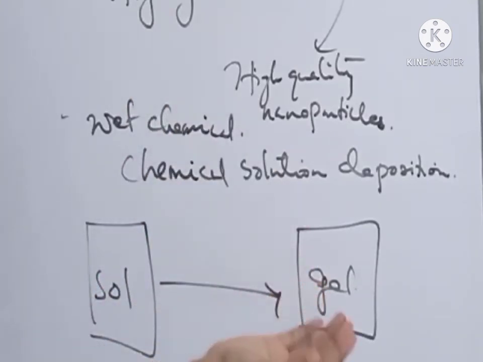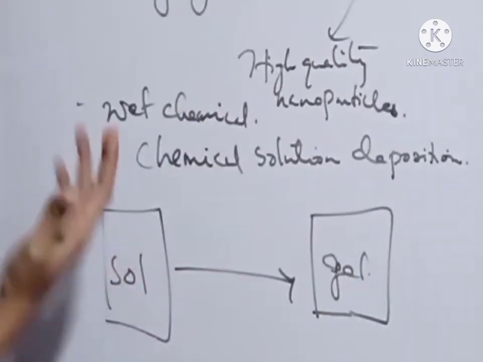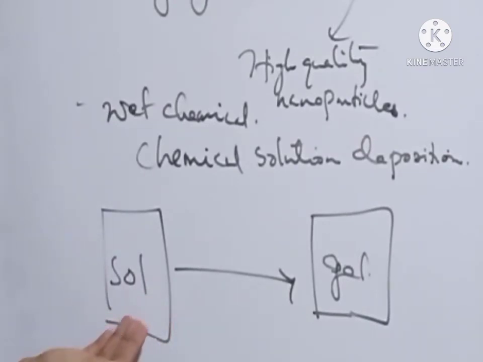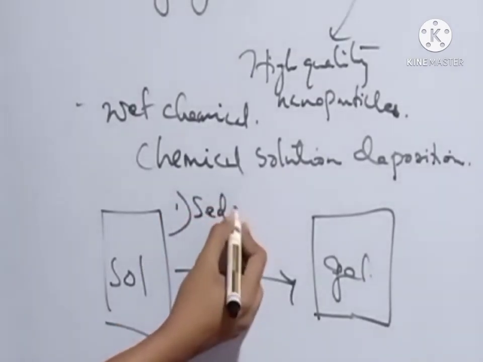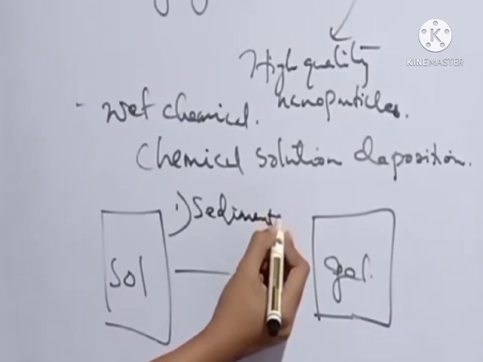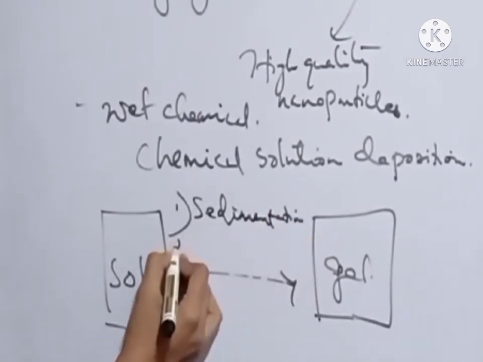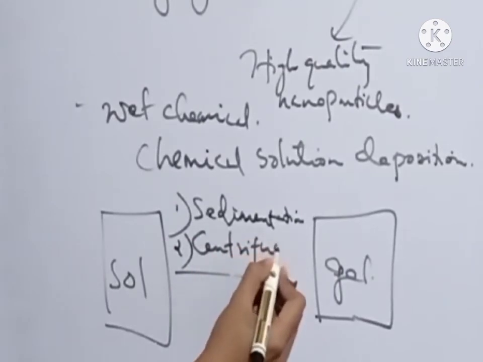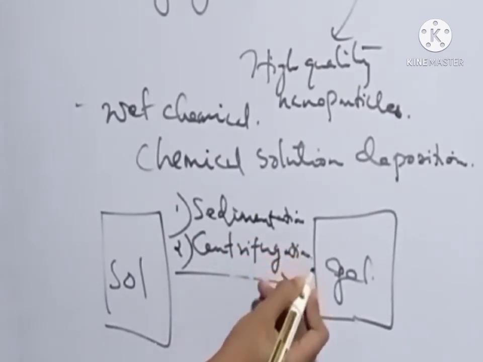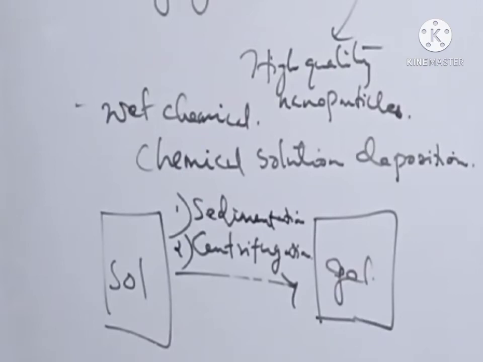That is why it is called a diphasic system. Many methods are used to convert sol into gel. The simplest methods are sedimentation and centrifugation.